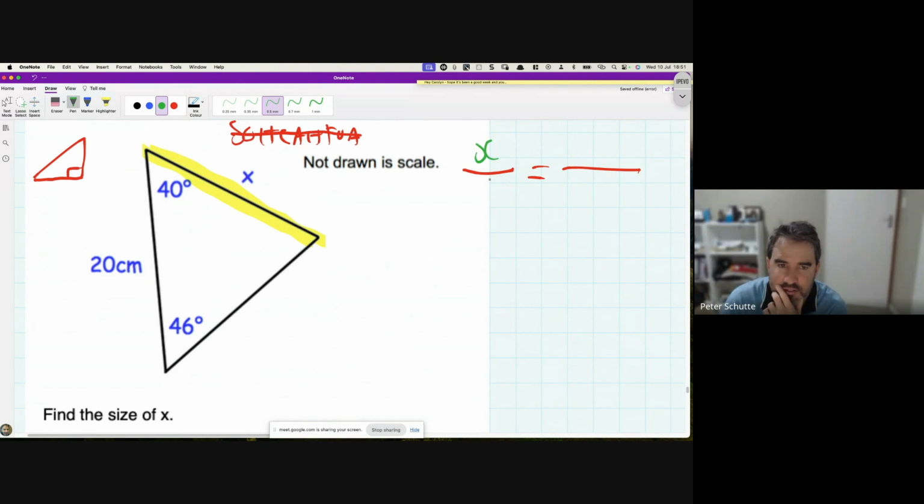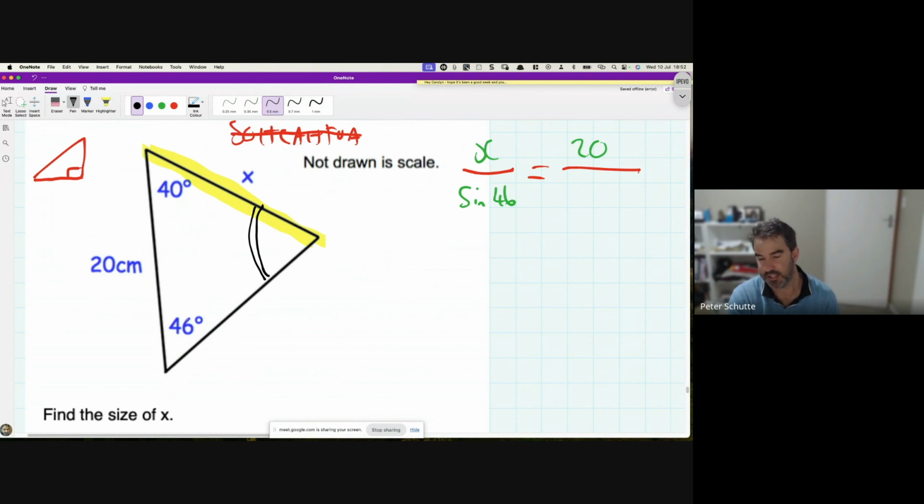So x divided by the sine of 46 is equal to 20. Oh, flip. I don't know what this is. Who can help me? What is that going to be? Oh, of course, I just know sum of angles in a triangle. So this is 86.